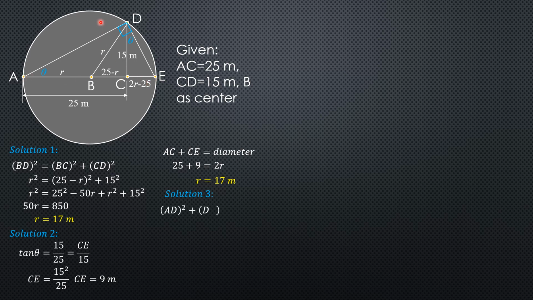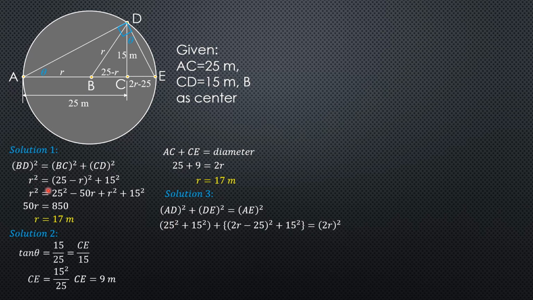So again, AD square plus DE square equals AE square, where AD square is, in this triangle ACD, 25 square plus 15 square. Then DE square is (2R minus 25) square plus 15 square, then equals AE, which is the diameter, 2R square.